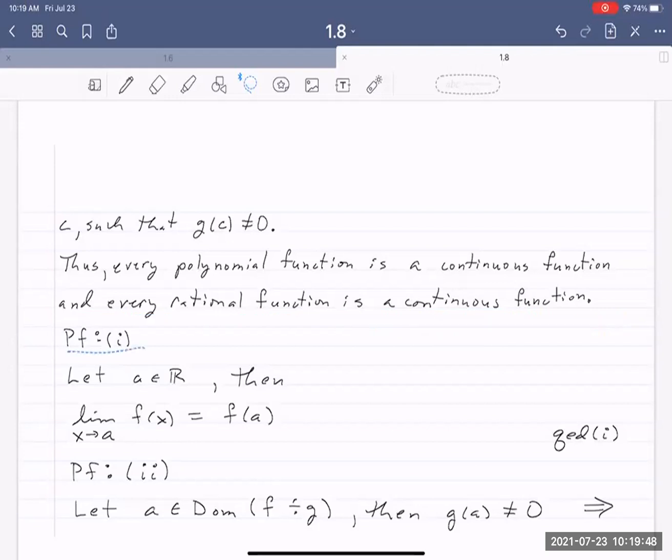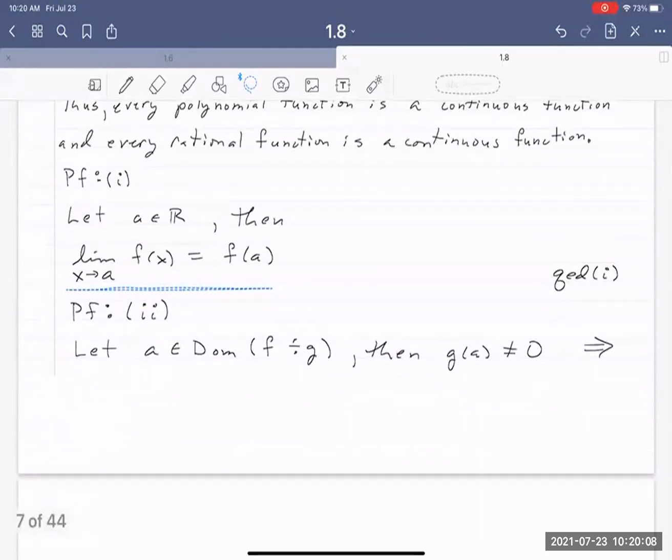So let's show this. Let a be a real number. Then the limit as x approaches a of a polynomial function f of x is just f at a. We showed that in section 1.7.